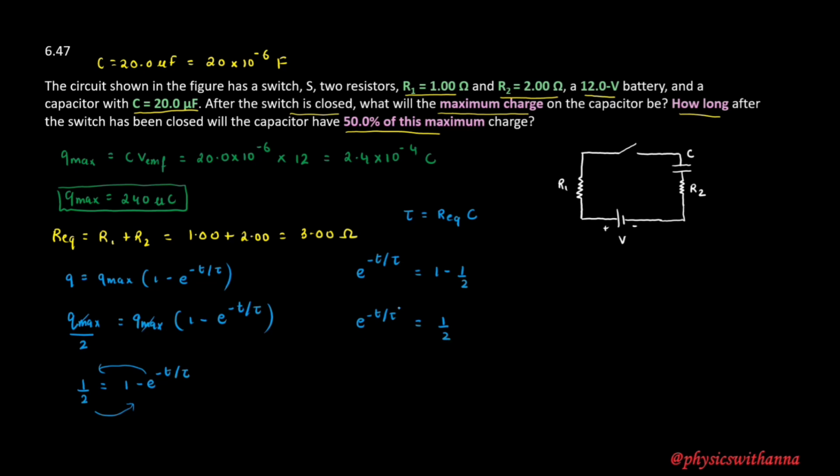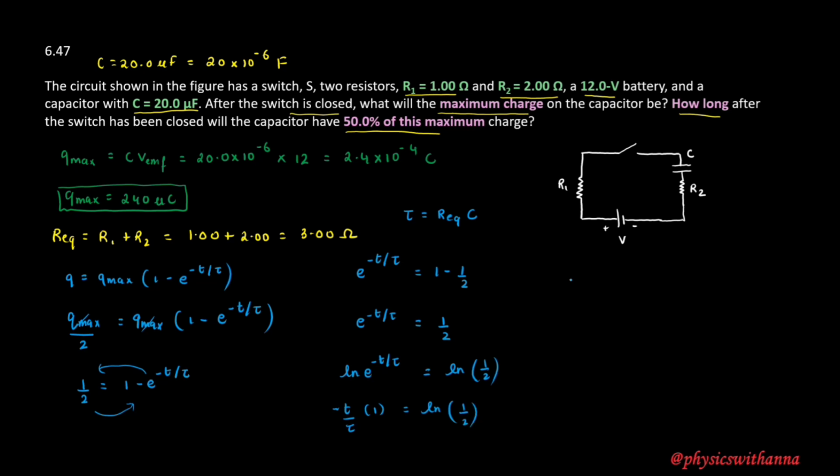Now I'm going to take natural log on both sides. So you take ln of e to the power negative t over tau equals ln half. When you take natural log of e to the power negative t over tau, this negative t over tau will be multiplied on this side, and natural log of e will be 1. This will be equal to ln half.